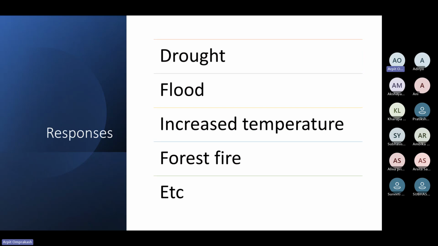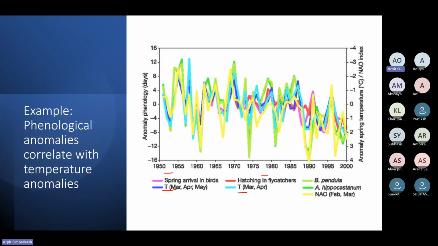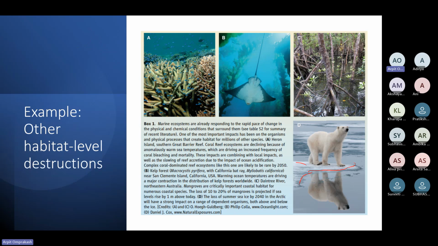What are the responses that we see from the climate system? Abiotic responses and basically biological responses at different levels. Then we talked about some of these responses, for example, how anomalous phenology correlates with anomalous temperature. We talked about habitat changes, habitat level destructions.